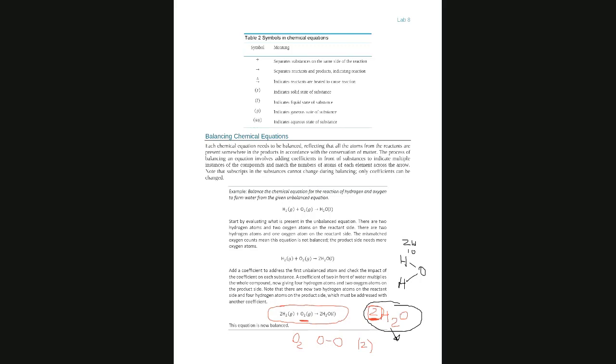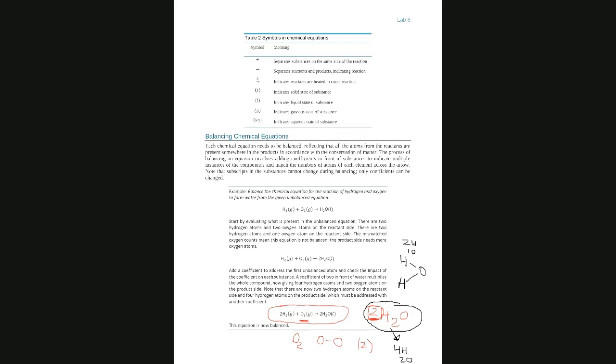I have to multiply this coefficient by the 2 of the formula. So in the 2 molecules of water, I will have 4 atoms or 4 moles, whatever you want to think about it, of hydrogen, but only 2 of oxygen. Because if I don't add the coefficient 2, I will have 2 hydrogens and 1 oxygen.